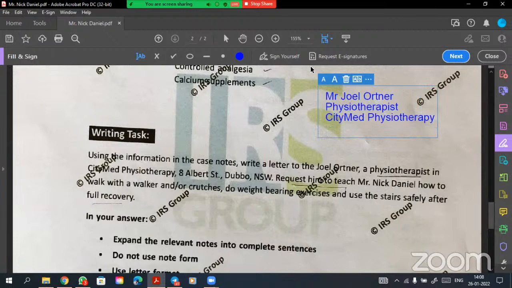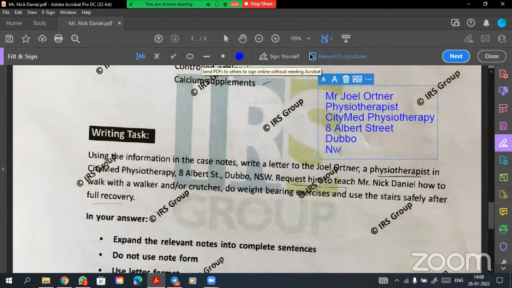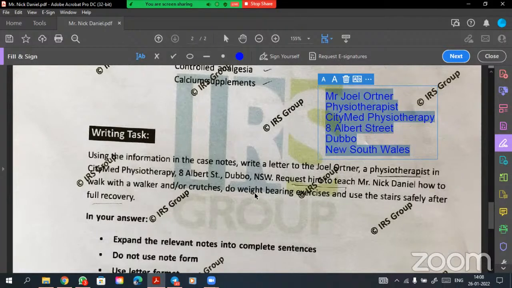Then it is 8 Albert Street, full form. Then it is Dubbo. Then it is New South Wales. NSW means New South Wales. You should know that, because most of the time you will get these words, NSW or like that. So you have to remember this is the address.